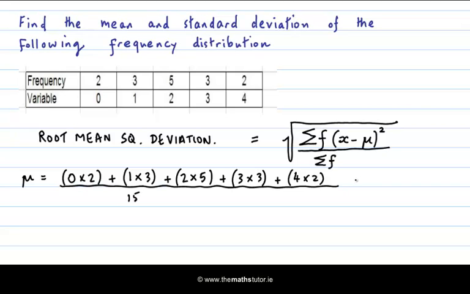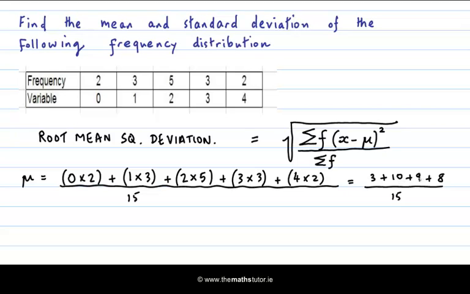0 times 2 is 0. 1 times 3 is 3. 2 5s is 10. 3 3s is 9. And 4 2s is 8. Okay, 3 and 10 is 13.